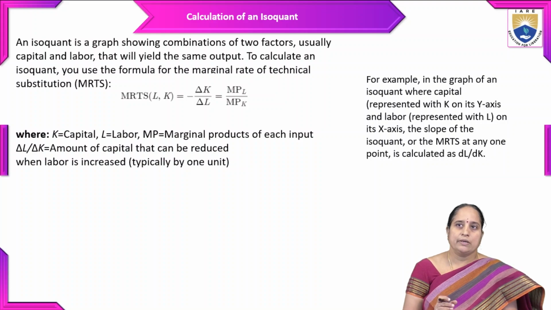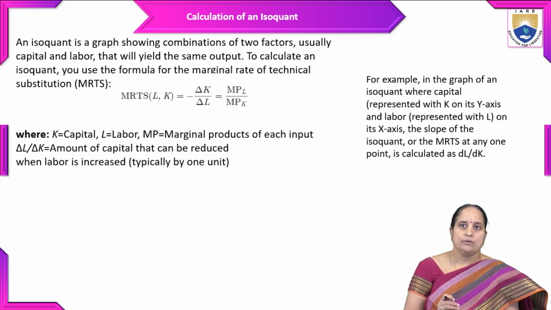Then how to calculate an isoquant? An isoquant is a graph showing combinations of two factors, capital and labor, that will yield the same output. To calculate an isoquant, we use the formula for the marginal rate of technical substitution.